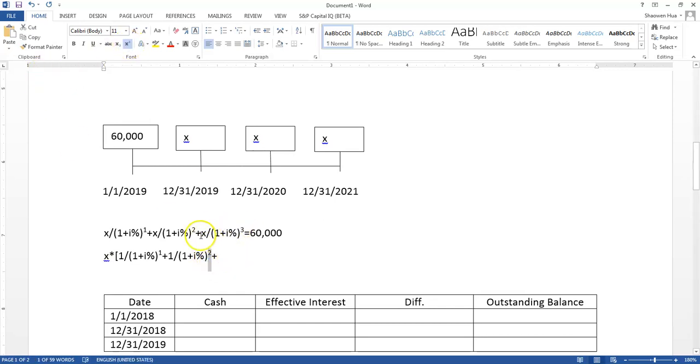And the third element, with X being pulled out, the remaining is 1 over 1 plus interest rate, power of 3. So all these calculations in the bracket are called the discounting factor.